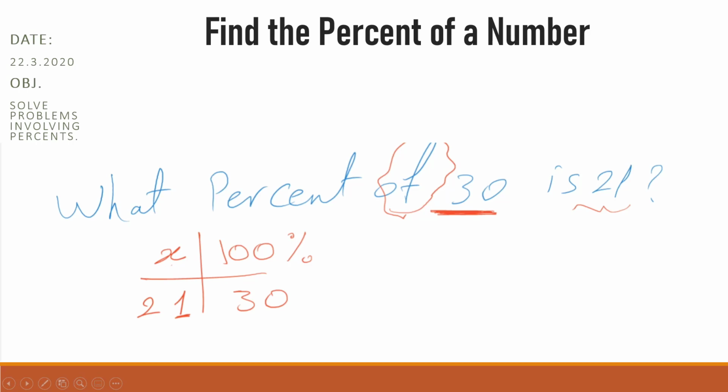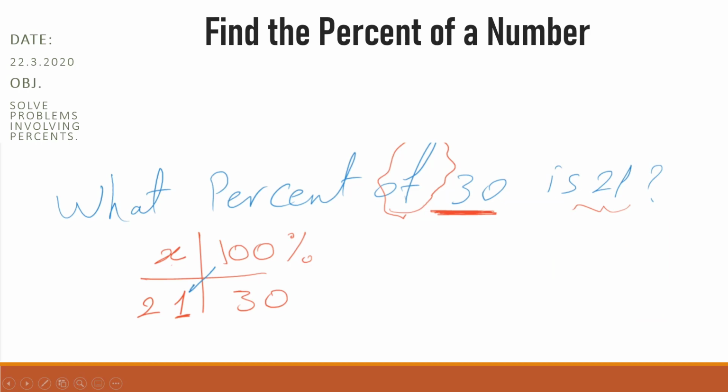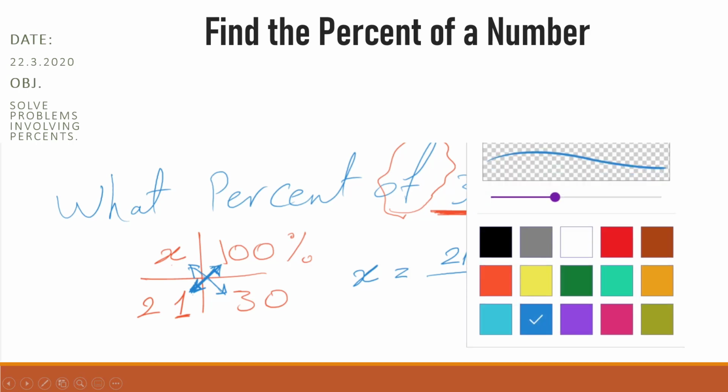To find x, use cross multiplication. These two together and these two together. So I have these two, I can multiply them. So x equals 21 multiplied by 100 divided by 30.